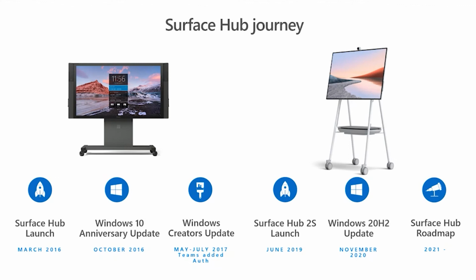The majority of the devices that we were selling were 50-inch or 55-inch devices, so the decision was made to use a 50-inch device and then to give us that bigger palette, that bigger space to work with by tiling these devices together. The second thing that we were going to be introducing with the Surface Hub 2X was the idea of biometric authentication. Okay, and again, we'll talk a little bit about biometric authentication as we move forward. And there were a couple of other features that were coming through.